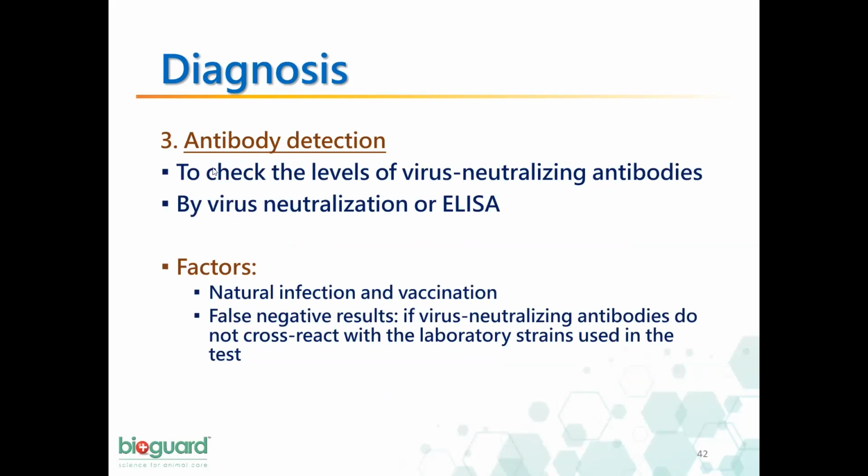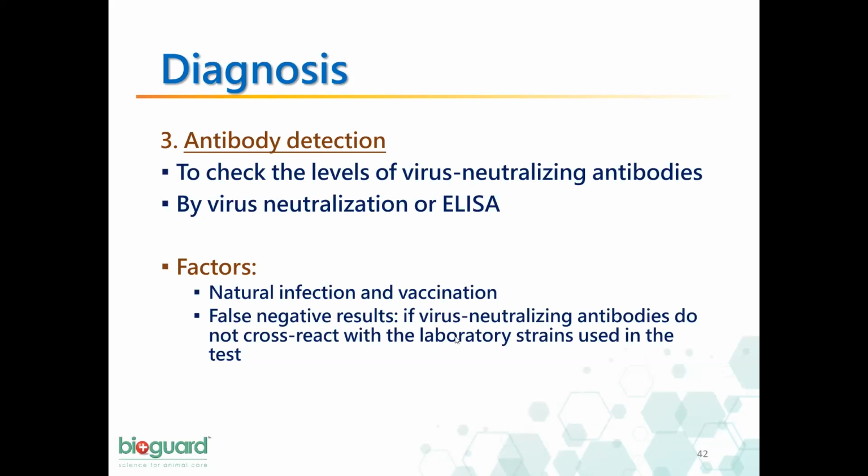Other than that, there are ELISA methods present in the market for detecting virus neutralizing antibodies. A limitation of this method is that it cannot tell whether the cat is showing natural infection or antibodies due to vaccination.